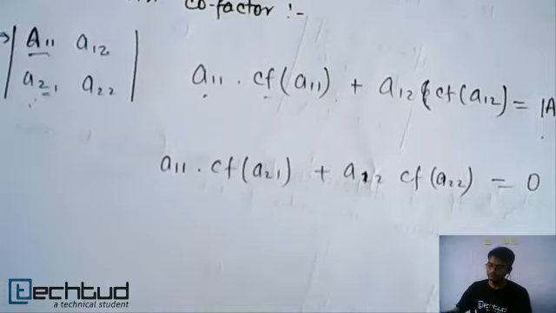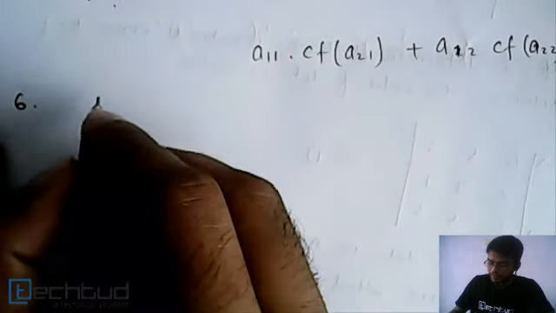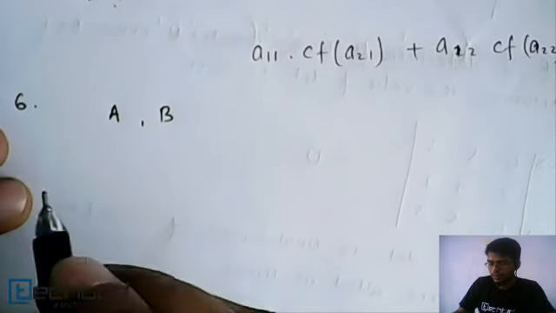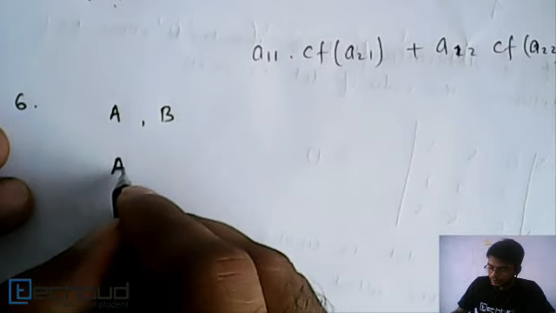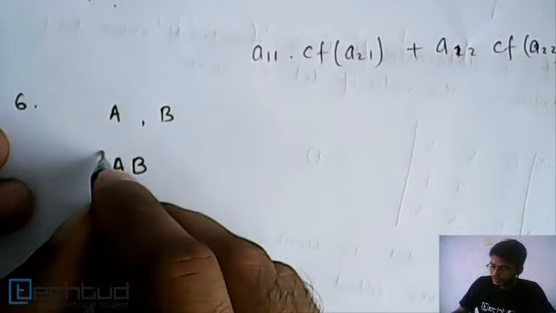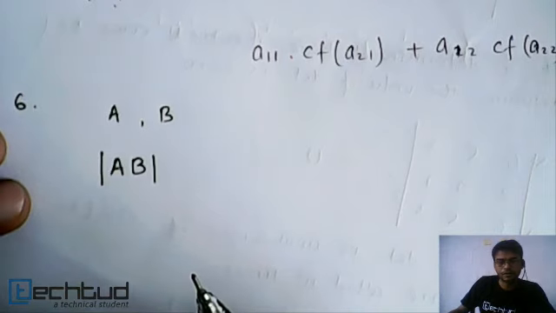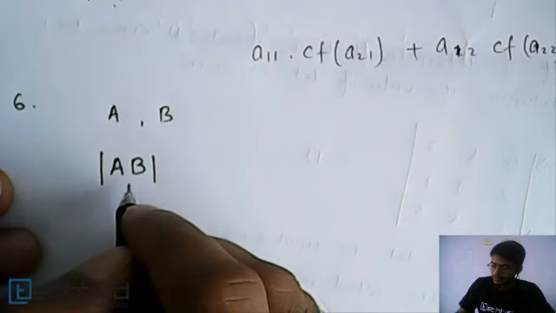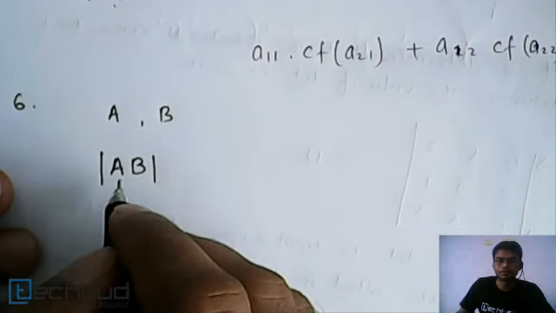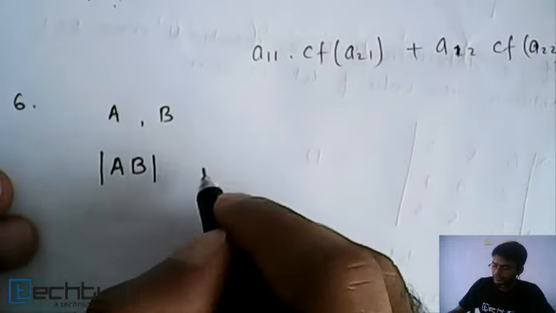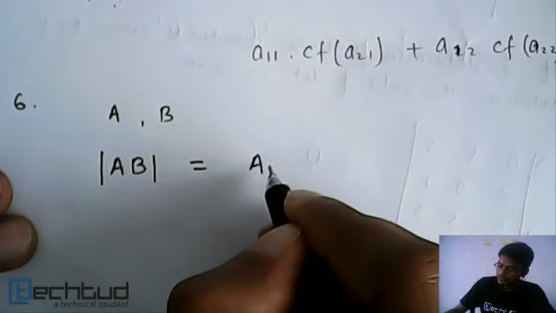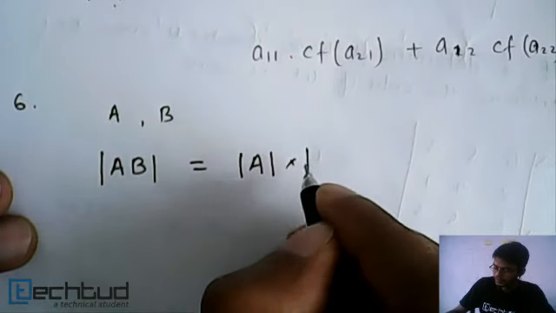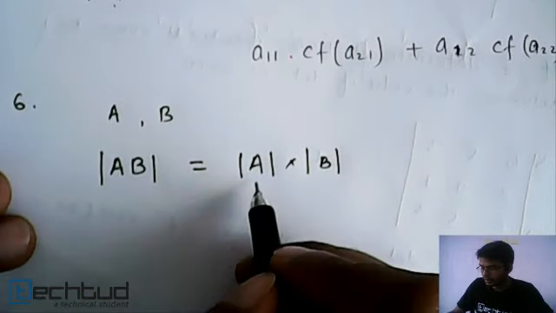Okay, fine. So the next property says: for two determinants A and B, the determinant of A into B, for example you multiply A and B and then find the determinant, is equal to the multiplication of the individual determinants.